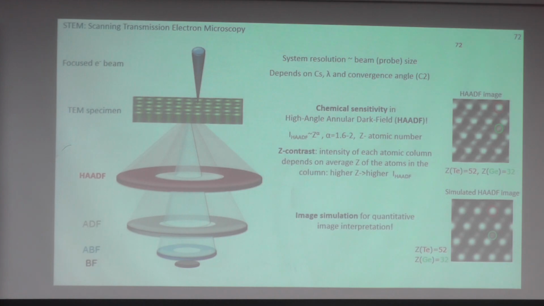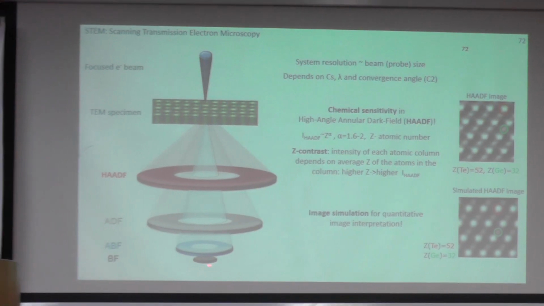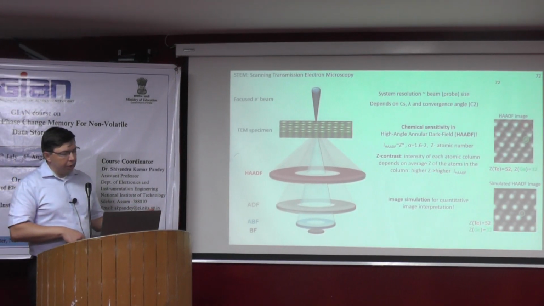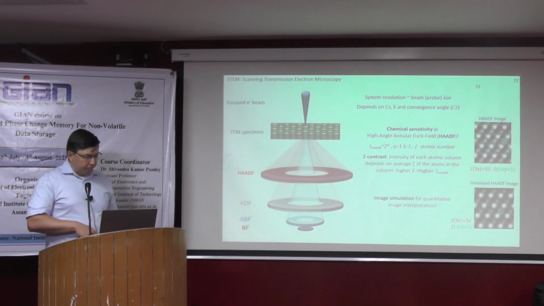Your electrons can be scattered at different angles and collected by different detectors. One detector is called the high angle annular dark field detector. This is the annular dark field detector, and these are the bright field detectors. With the bright field detector, you get images comparable to HRTEM images.